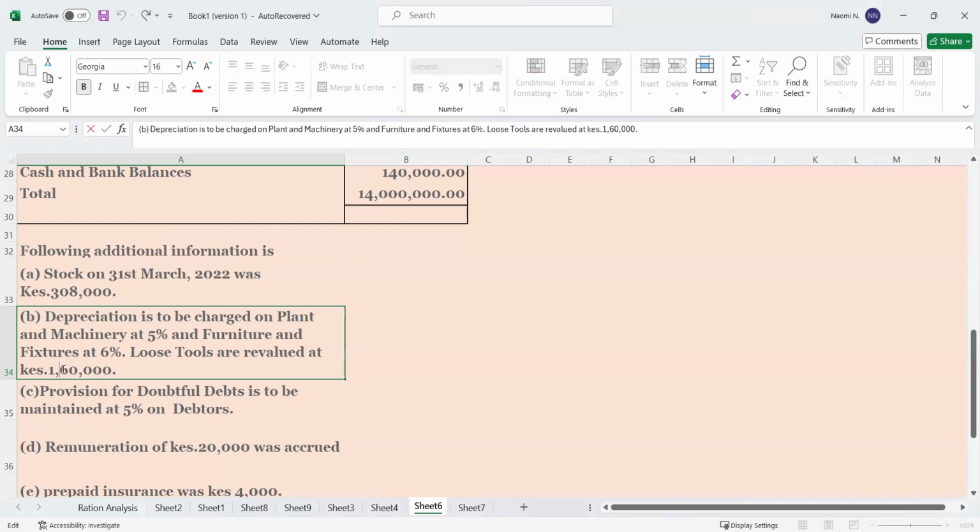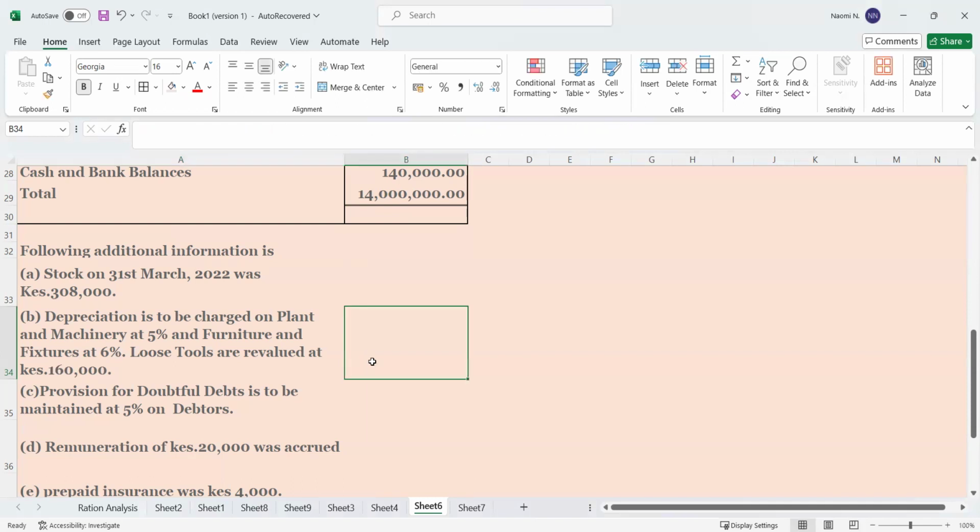Loose tools are revalued at Kenya shillings 160. The implication of this, when it comes to revaluation, is this: when you find a question that has told you that the item was revalued at or revalued by, that implies that is the final figure in your balance sheet when you are calculating the PPE.